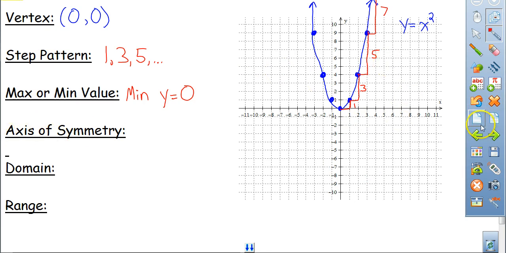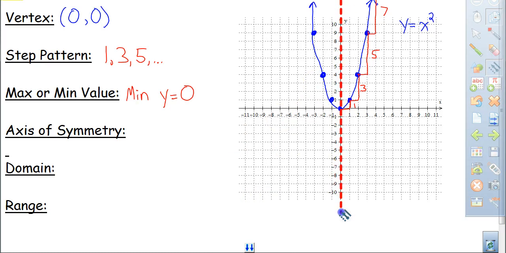Now the axis of symmetry: if we were to draw a vertical line that cuts the parabola in half, so that each side is a mirror image of the other, something like that, this is called the axis of symmetry. So both sides again look exactly the same. Now we want the equation of this line.